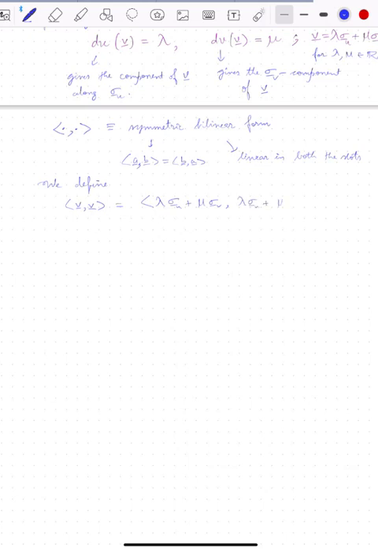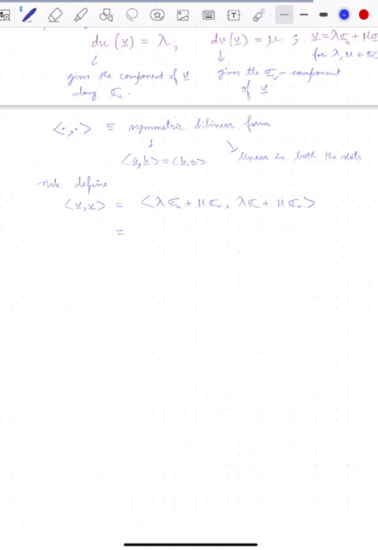We're just repeating it. Now let's invoke the properties of the symmetric bilinear form. First, let's expand along the first argument of this inner product.